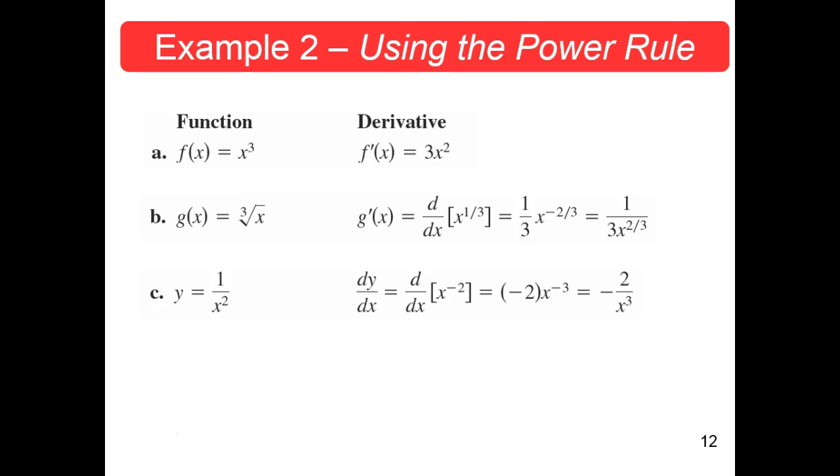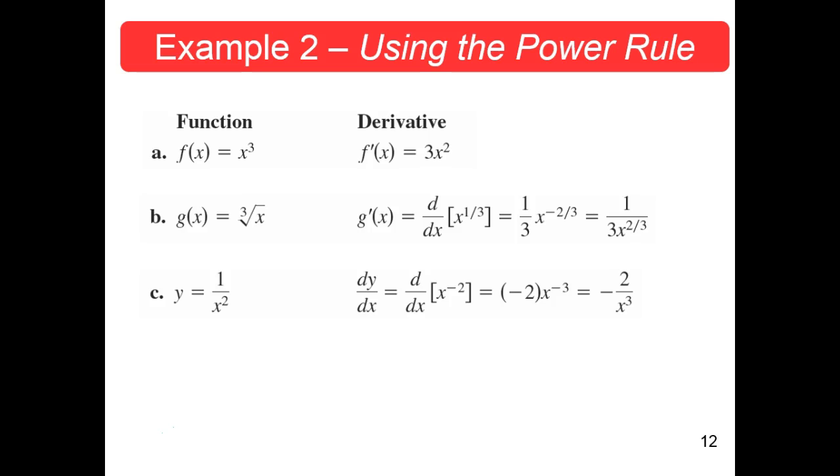If it's in fractional form, move the x upstairs and negate the exponent. So that'd be x to the negative 2. No, not the derivative. The function. Y is equal to x to the minus 2. You see that? Move this upstairs and negate the exponent. So that's how you start.